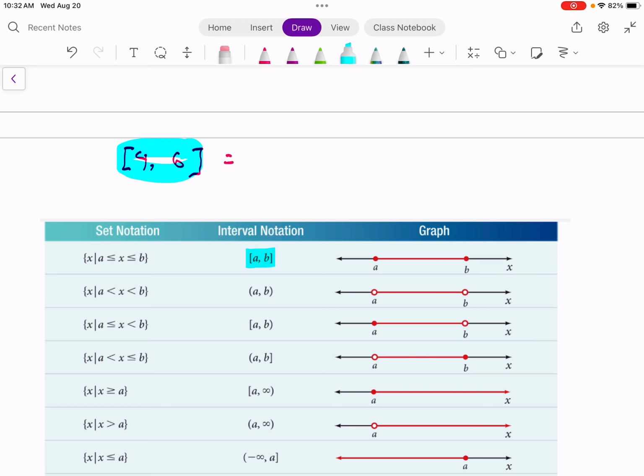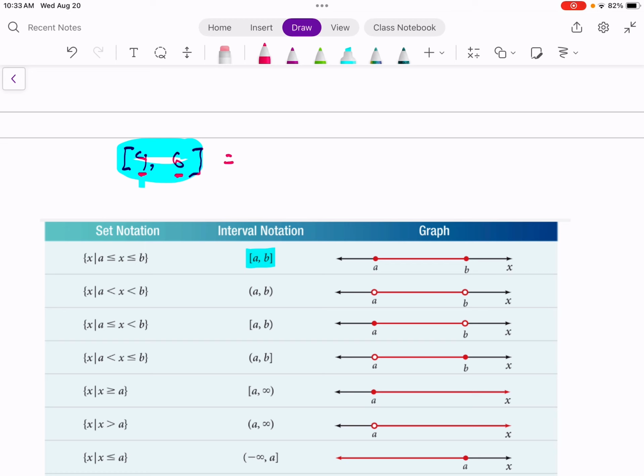If you have a bracket, you are including this end number in your set, and every number between 4 and 6. We have a bracket on both sides, so in this set we can find 4, we can find 6, and every number in between 4 and 6 is in this interval notation.